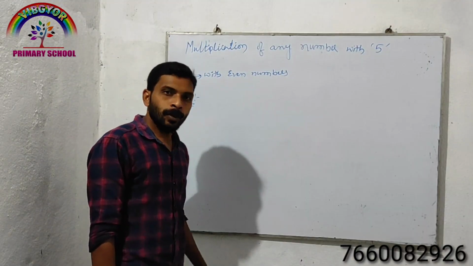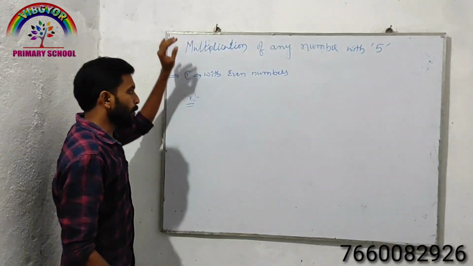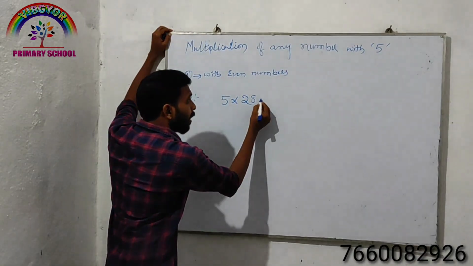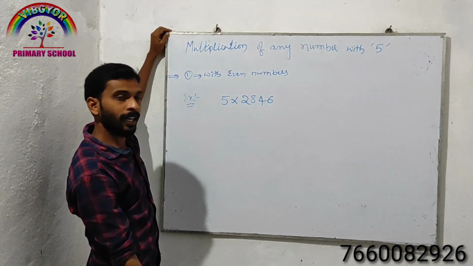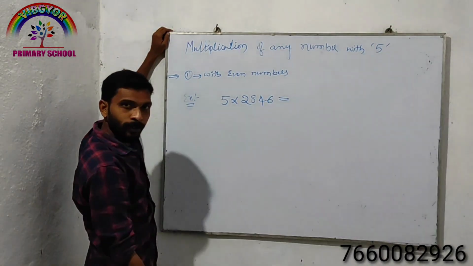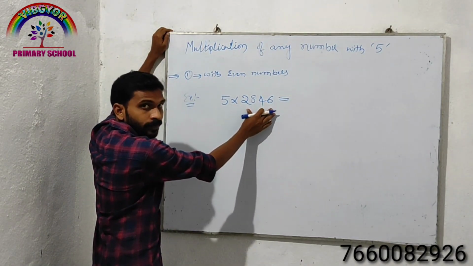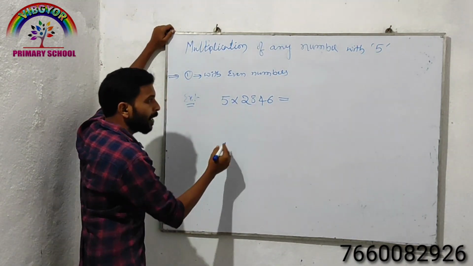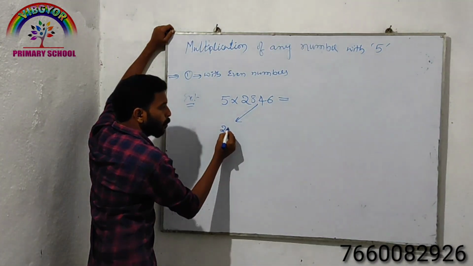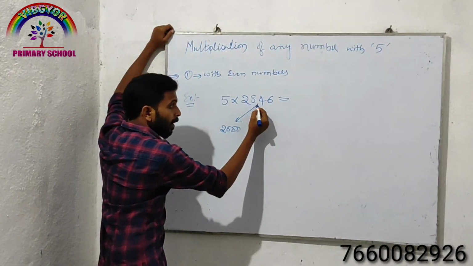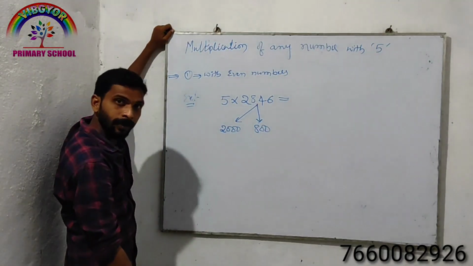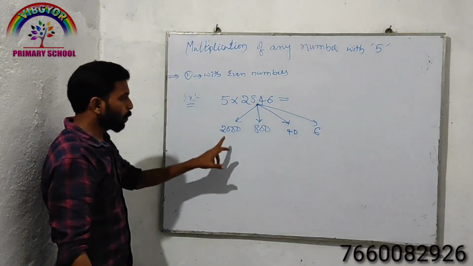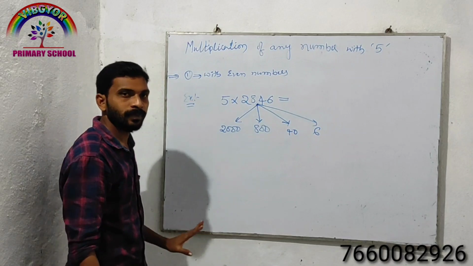Got my point? So now let's consider one more example. 5 is going to be multiplied with 2846. Bigger number, right? Before we get the answer, we must take the half of this. So in order to take the half of this, split this number in your own easy way. Here I am splitting like this: 2000 separately, then 800 separately, then 40 and then 6.